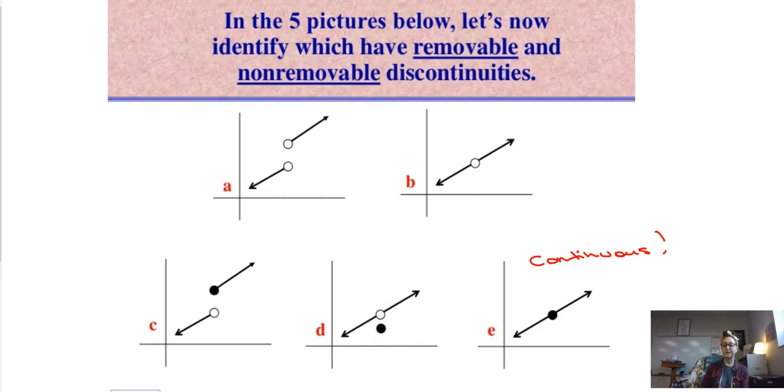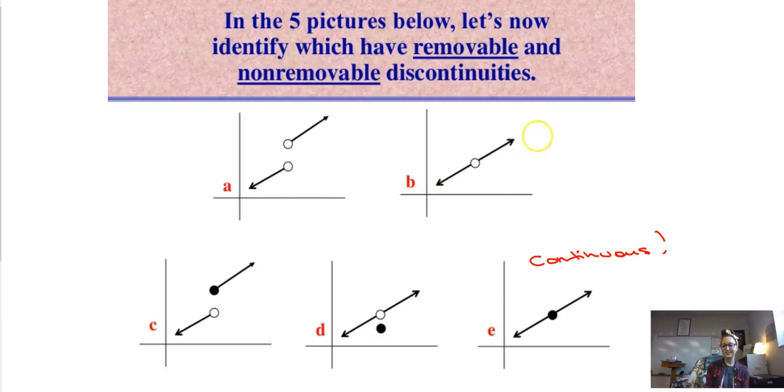They're removable if they're just 1 point away or 1 point removed from being continuous, okay? So in other words, I can slide or add 1 single point and it would make the graph continuous. Okay, so with that definition, there's 2 remaining that are removable. Can you guess which 2 are removable?